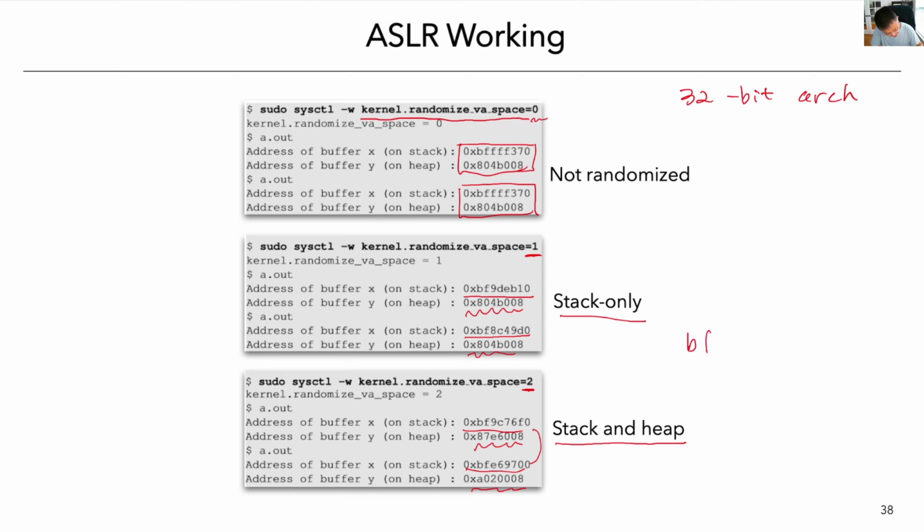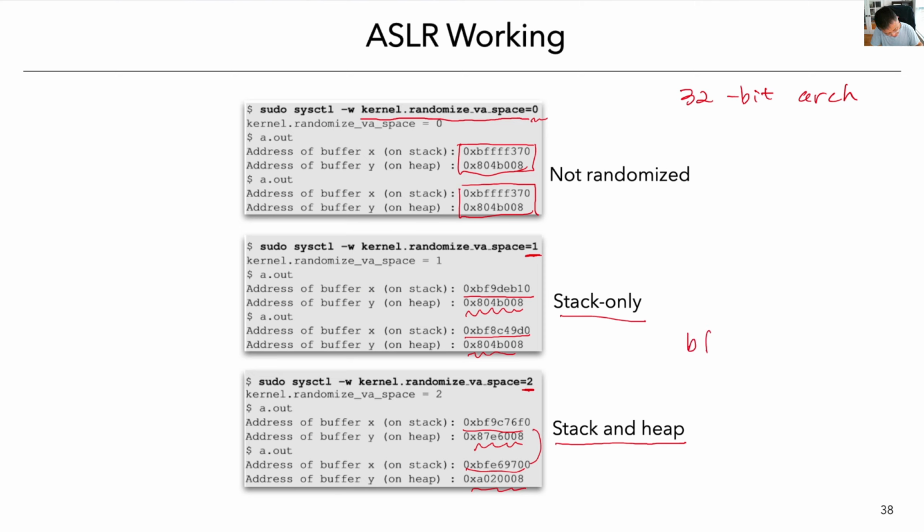So if you try to break it using brute force, you're just going to try again and again until you get lucky, right? So you need to try 2 to the power of 17 times and divide by 2.